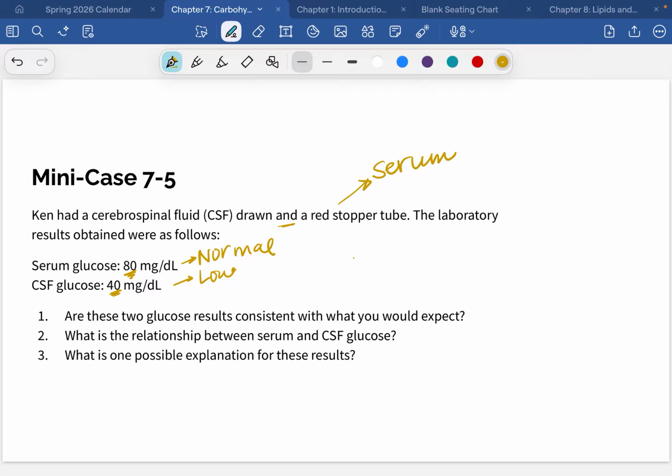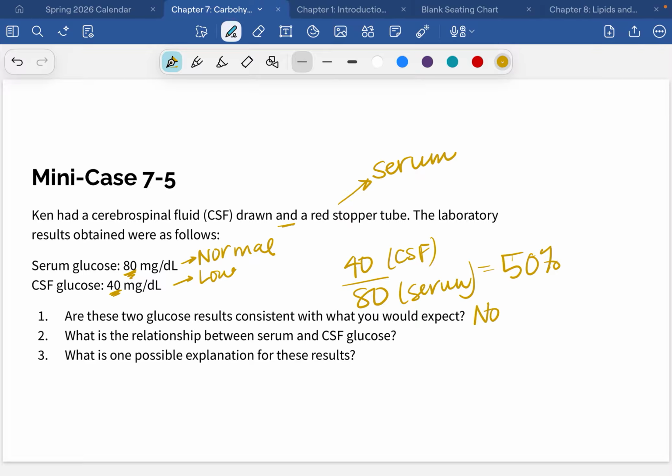In this case, if you divide the CSF by the serum, it is 50%. So in this case, the CSF glucose is 50% of the plasma glucose. So these two results are not consistent with what we would expect.